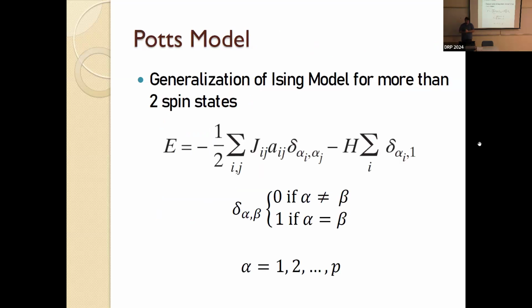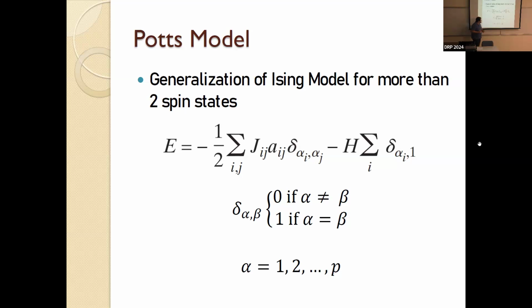Lastly, I have 2 more models to briefly introduce as other methods from statistical mechanics that are used to analyze networks. The first of which is, as you can see, the Potts model. This, instead of having just an up or down spin state, generalizes it into a p number of states where spin could, for example, end up at an angle all the way to down.